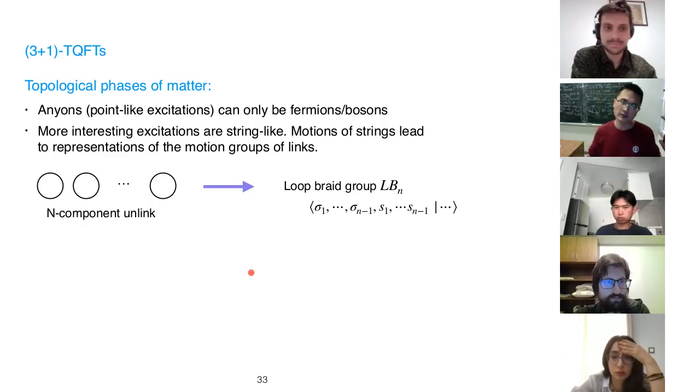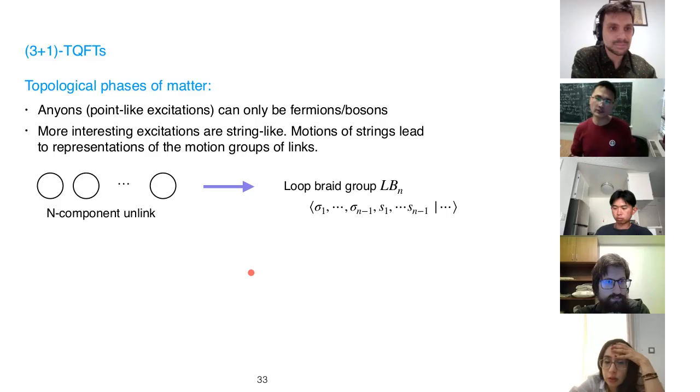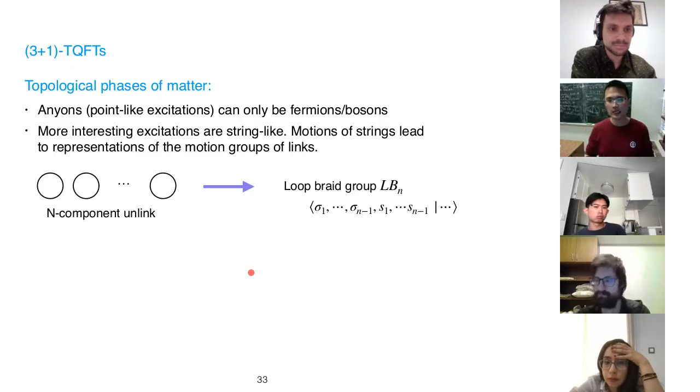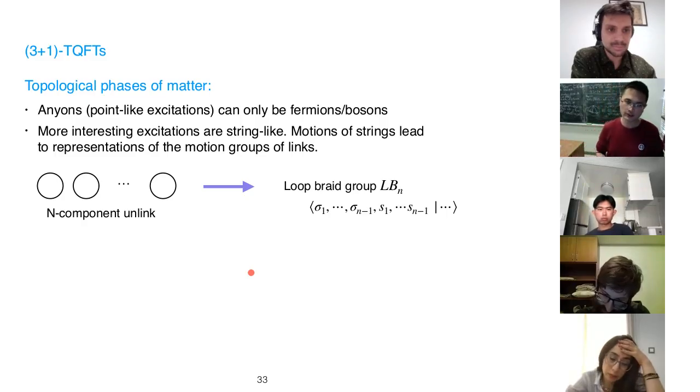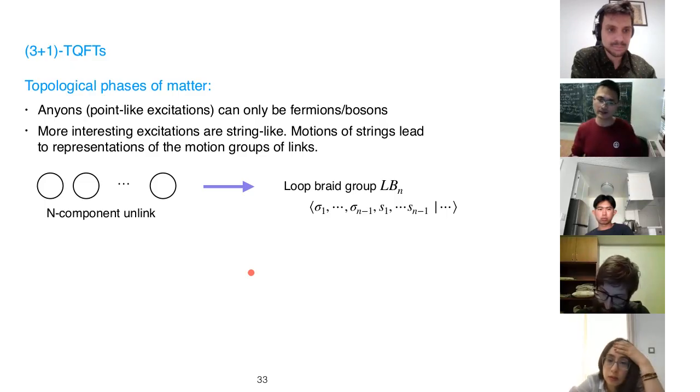In 3+1 dimensions, there could exist more interesting excitations that are not point-like but string-like. Maybe the excitations live on a link, for example. Take the simplest example of an unlink, like several circles which are not linked to each other. These are like generalizations of the point-like anyons, but now they are string-like.